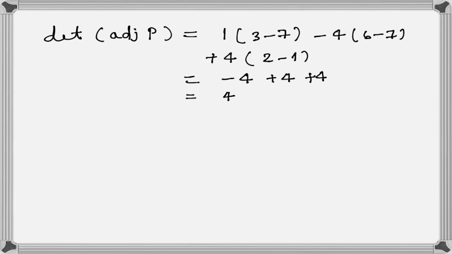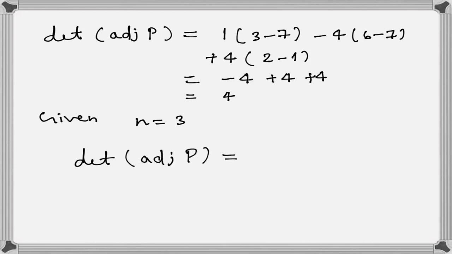So given n is equal to 3, determinant of adjoint of P is equal to determinant of P, whole square.